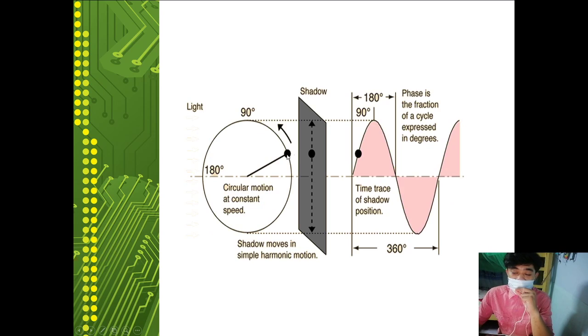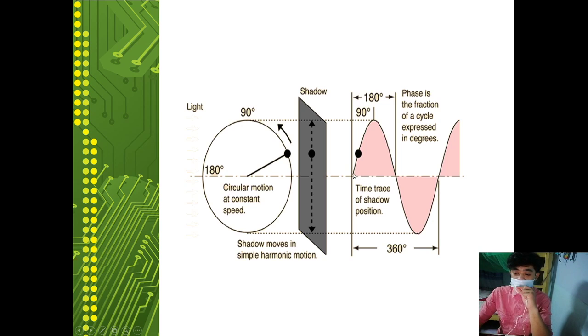This is an experiment on how to see the effect of a sine graph, or a sinusoidal graph. For example, there is a rod moving in a circle at constant speed. The reflection of the shadow would go from 0 to this line, going upward, then back to its position, going downward.